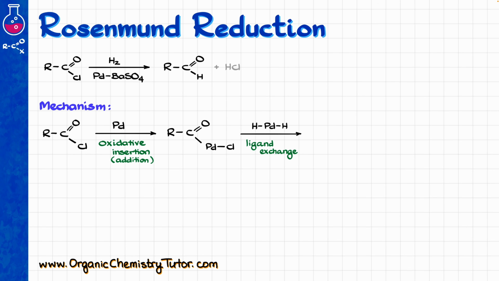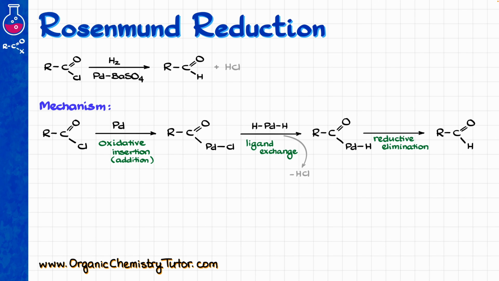Next, we're going to bring hydrogen that has been absorbed on palladium, and we're going to do the ligand exchange where we're going to swap the chlorine with one of those hydrogens. As a result, we're going to lose our HCl, and now palladium is connected to hydrogen and carbon directly. From this point we're going to have reductive elimination where the palladium is going to leave our complex, and we're going to end up with our aldehyde.